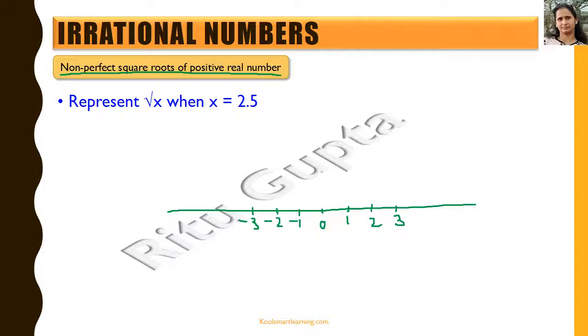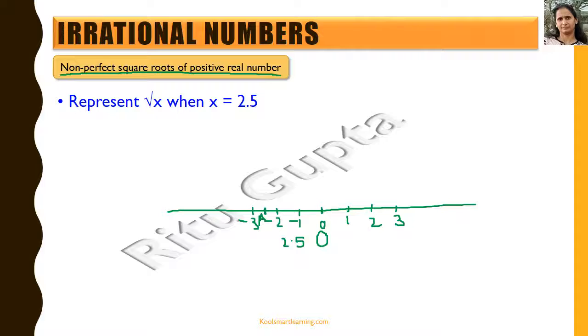First of all, starting from 0, which we call O here, we draw a line segment on the negative side. We can do that on any side, but here we will do it on the negative side, of length 2.5. We're not saying that this represents minus 2.5. We're just saying that we draw a line segment of length 2.5, which is OA.